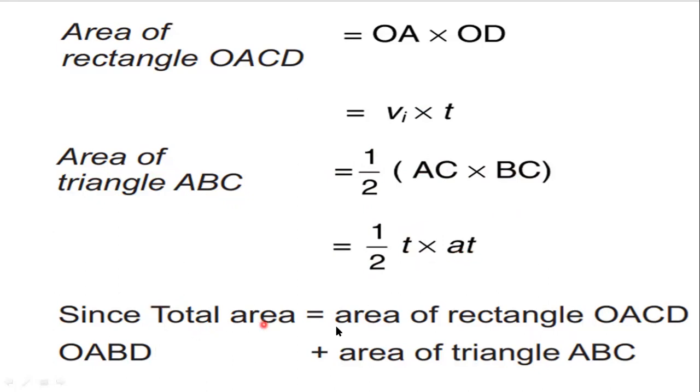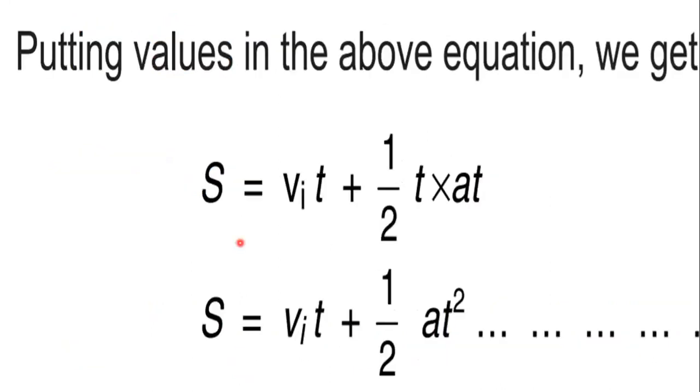Since the total area is the area of rectangle OACD plus the area of the triangle, two areas, one triangular and the other rectangular, adding these areas gives the total distance covered by the body, that is the shaded area.